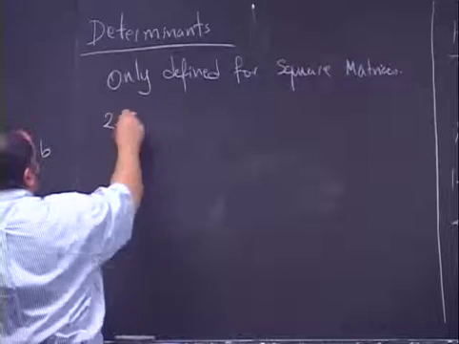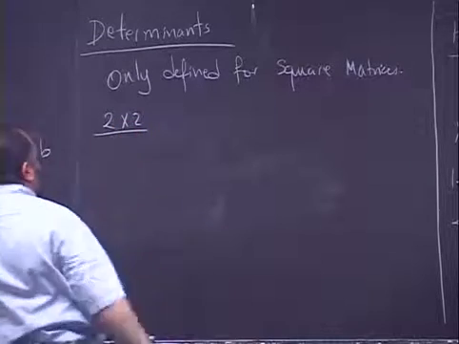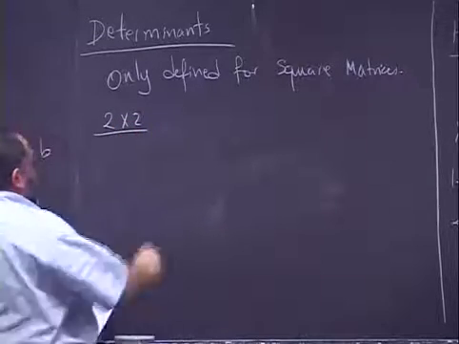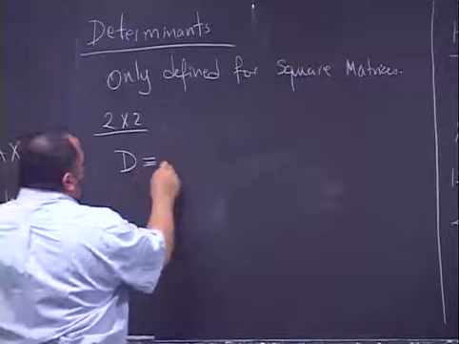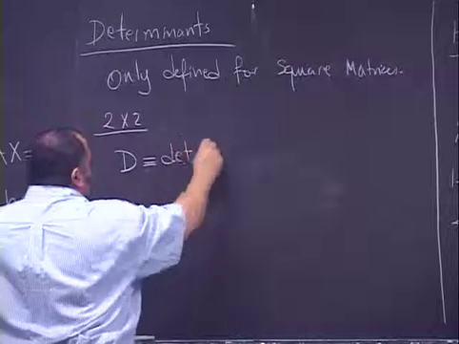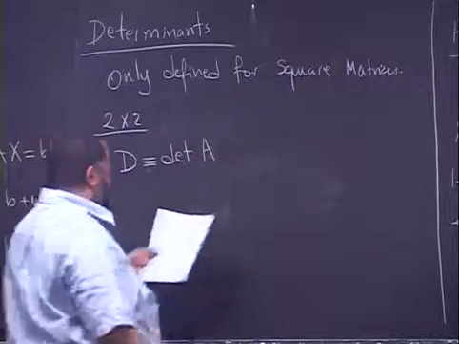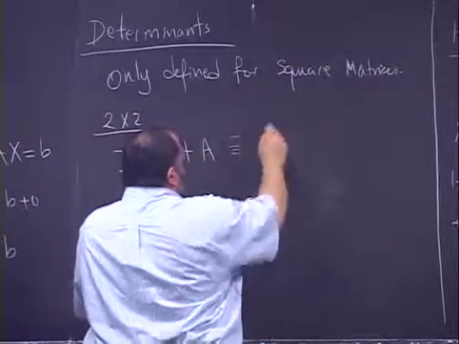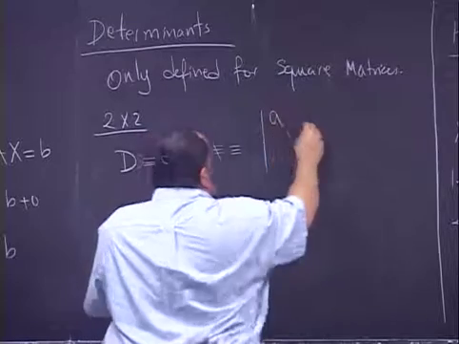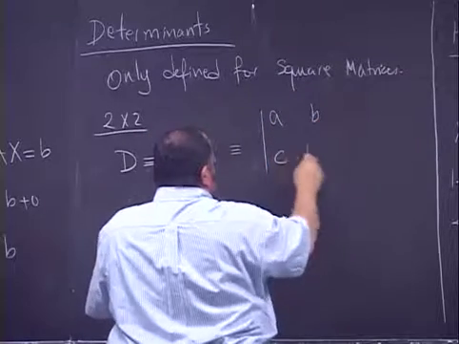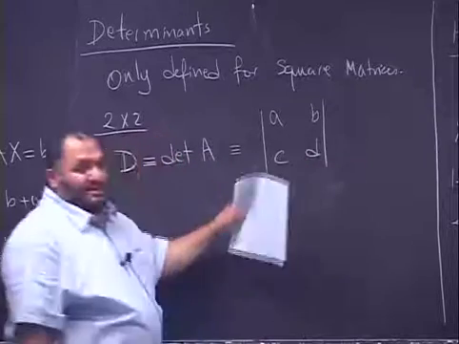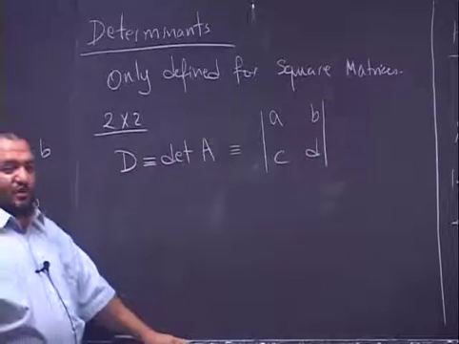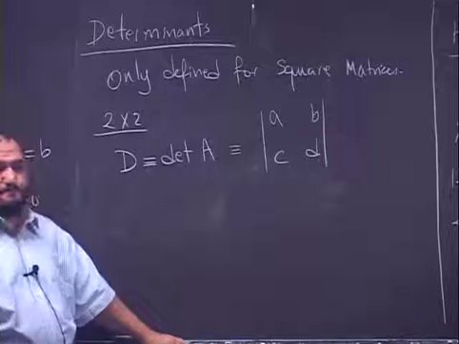So for a 2 by 2 matrix, the determinant, sometimes we write it D, or determinant of A, if it is the matrix A, B, C, D. So how will we get the determinant for a 2 by 2 matrix like this?